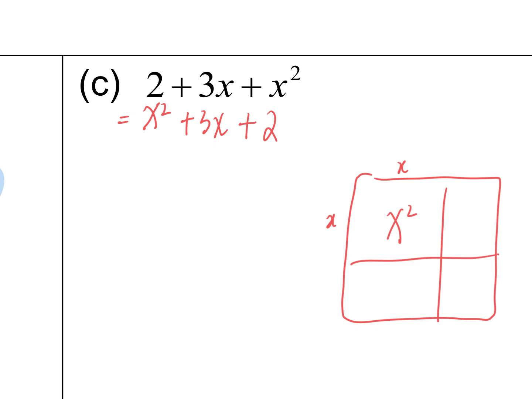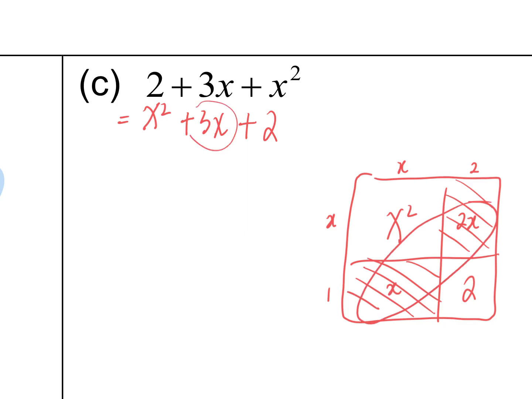The 2 must be here, so 2 and 1. You check this piece, this is 2x. You check this piece, this is x. And now they add up to 3x. So I know I'm done. So it's x plus 2, x plus 1.